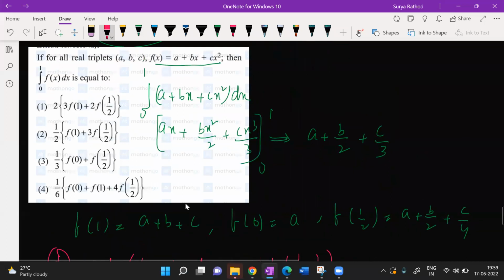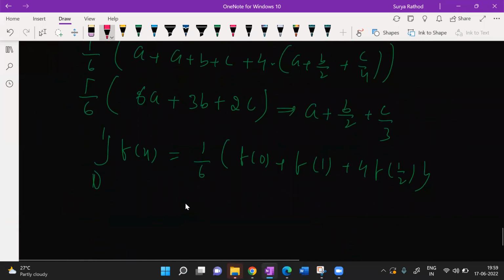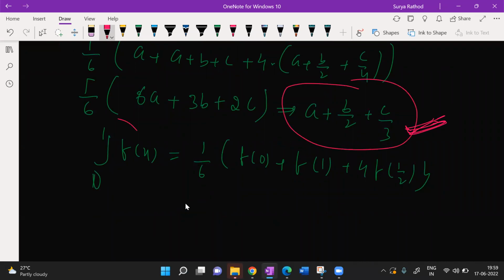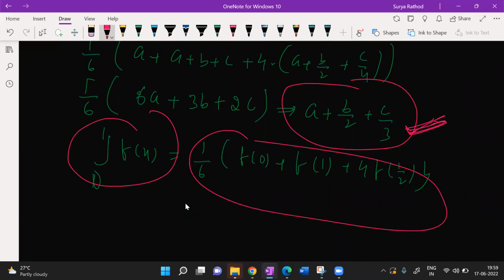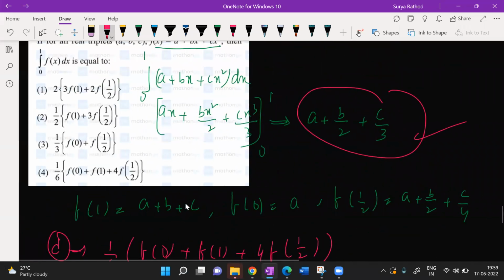After integrating this function, beta, I got this. And in option D, if I substitute everything, I got the same result. So option D is correct. Everything you have to substitute and check. That is how we will go with this.